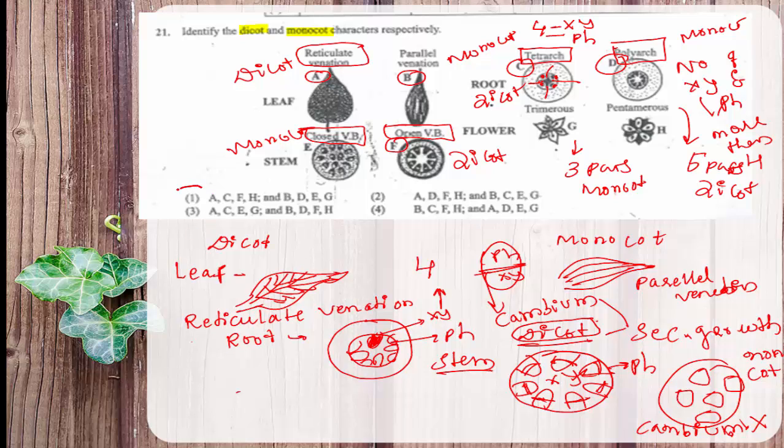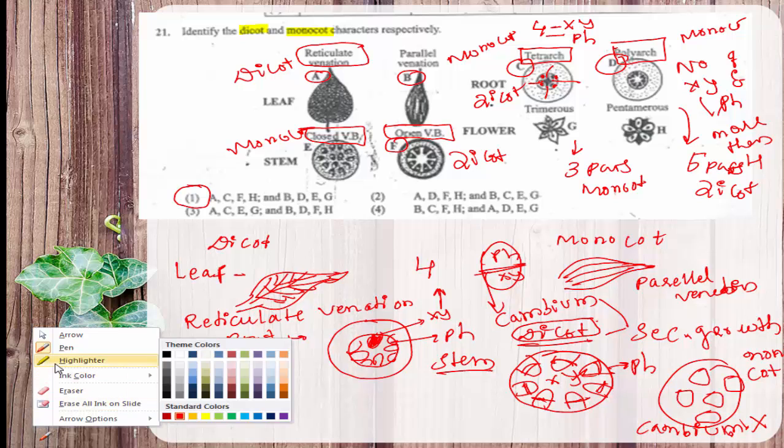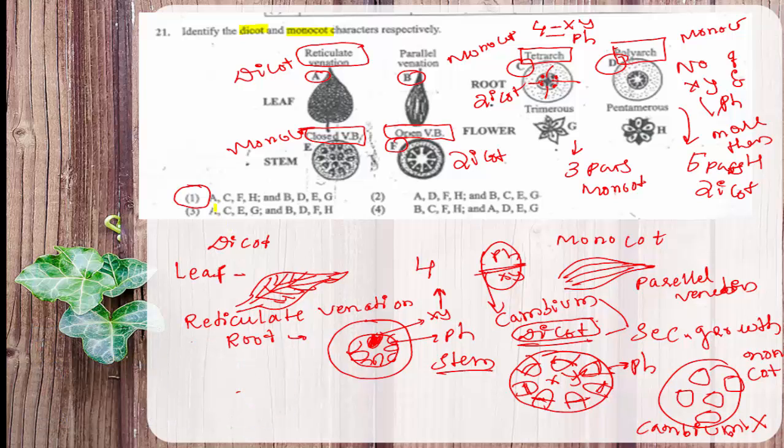So the right answer for this question is option A, showing the leaf, root, stem and flower characters of dicot and monocot. AC, FH show the characters of dicot, leaf, root, stem and flower, whereas BD, EG show the characters of leaf, root, stem and flower of the monocot.